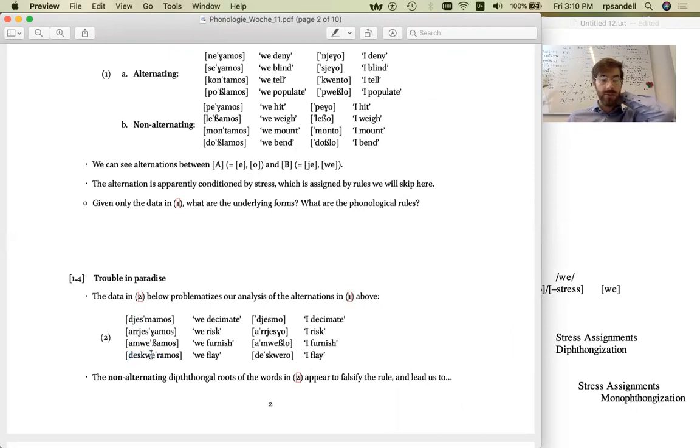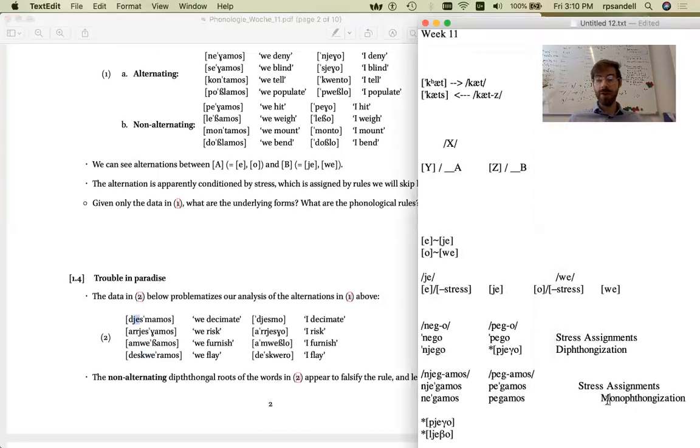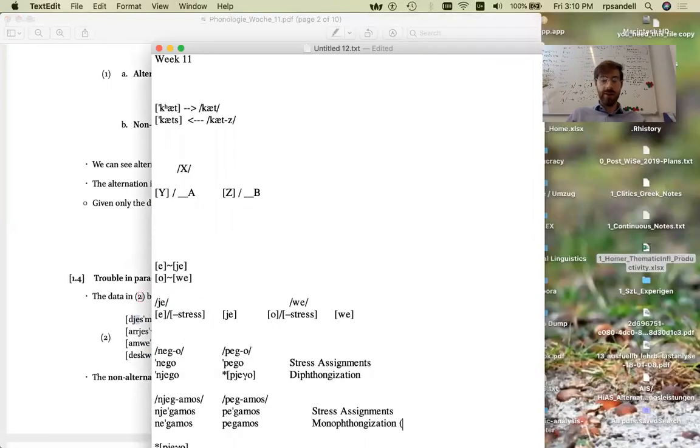So in these cases, we find instances of these diphthongs, ye and we, occurring when they are not under the stress. So that would be a problem if our monophthongization rule is positing that underlying diphthongs ye and we should become a and o when they are unstressed.